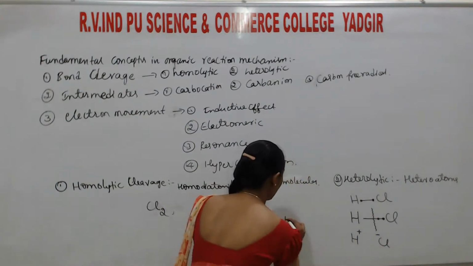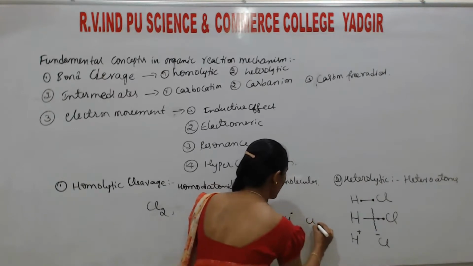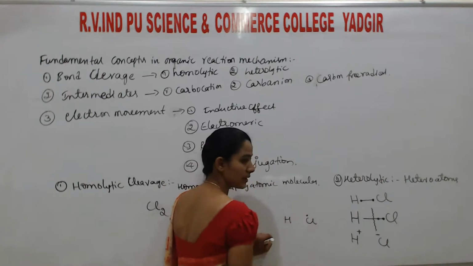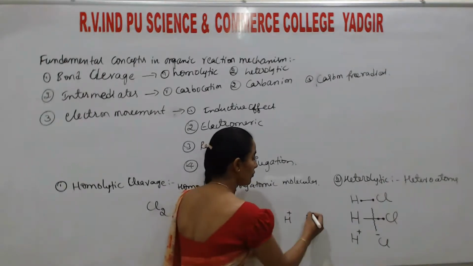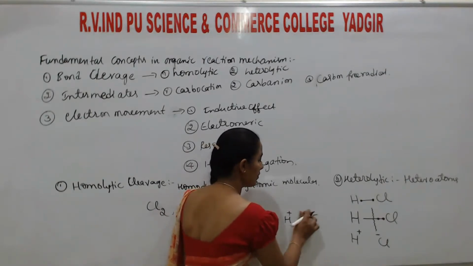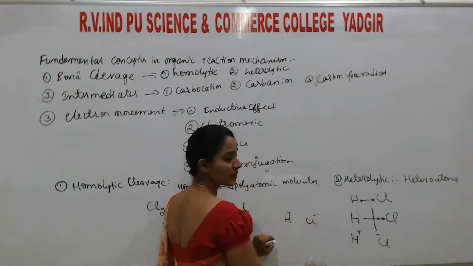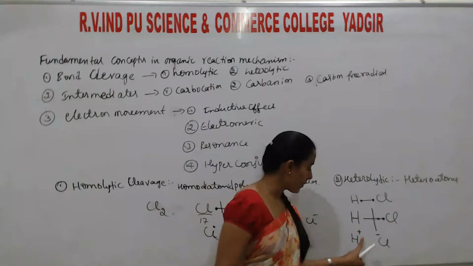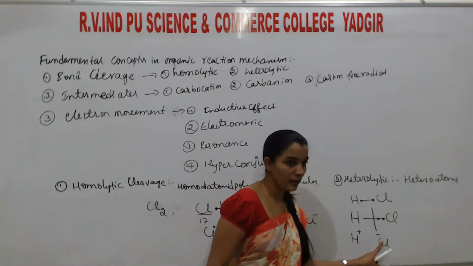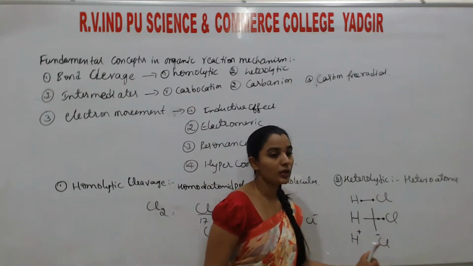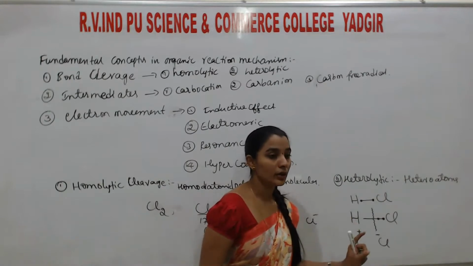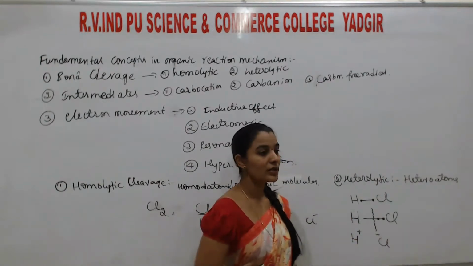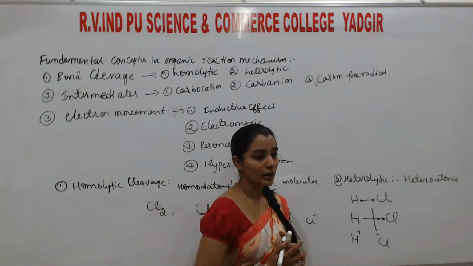So if you assume H dot and Cl dot, there is no charge. If one electron is less here, it becomes plus. If one electron is added here, it becomes minus. So after bond cleavage, one forms a cation and the other forms an anion. Both species here are different. Different means hetero. That's why this type of bond cleavage is called heterolytic bond cleavage.